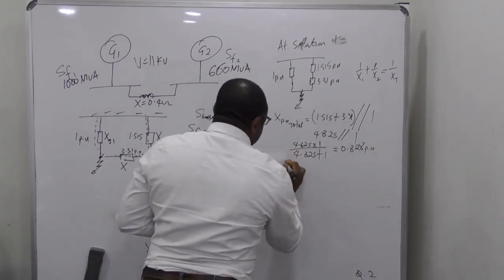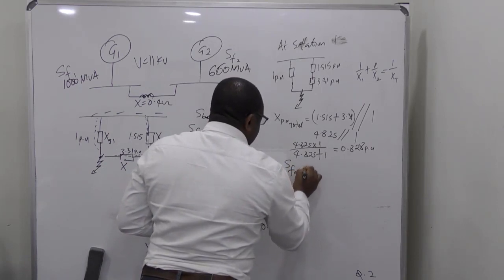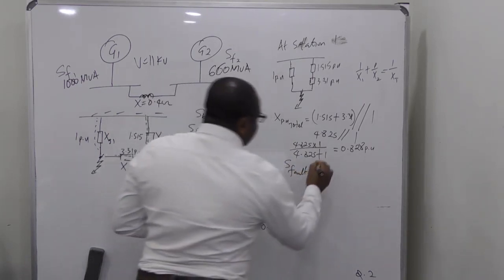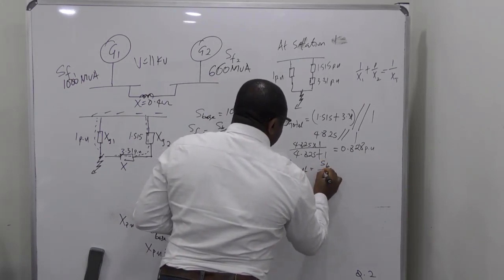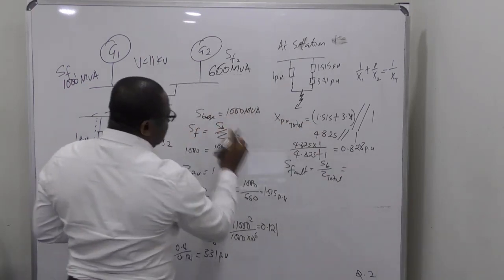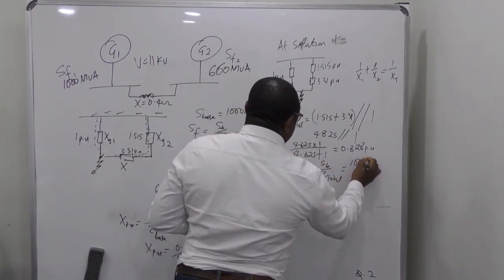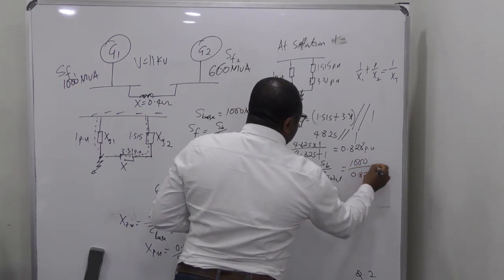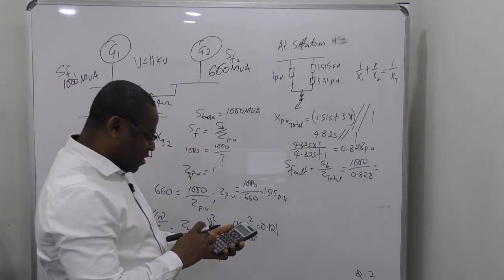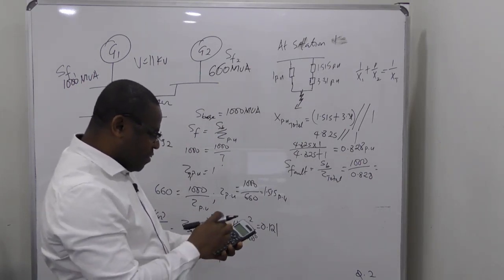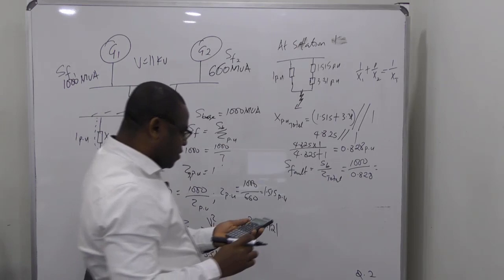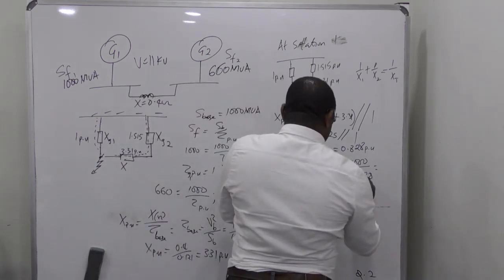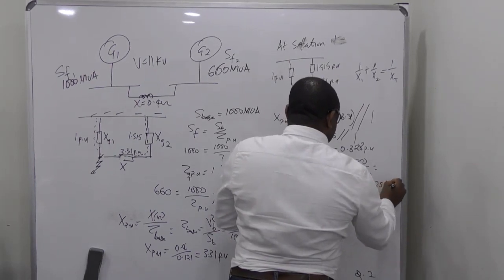So if I want to get the S fault, we said it's S base over Z total. Now the S base that we have chosen is 1000 MVA divided by 0.828. So we have 1000 divided by that, which gives you 1207.25 MVA.